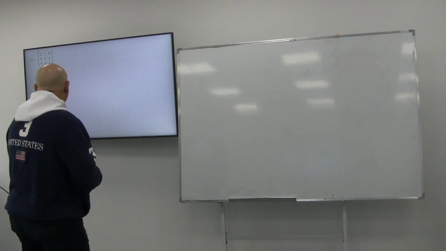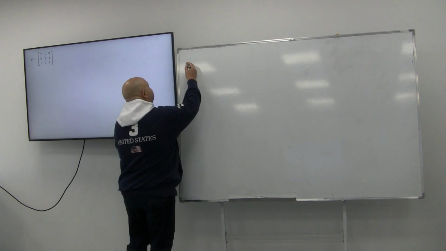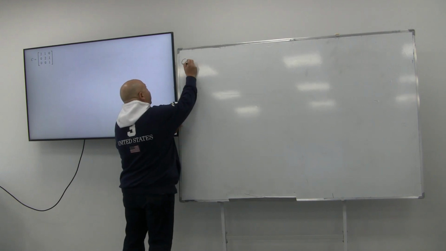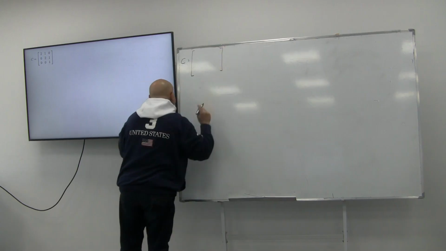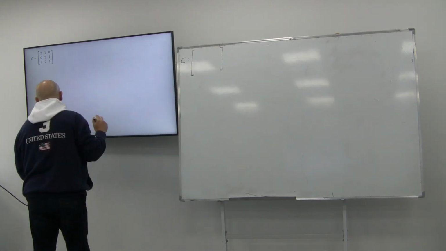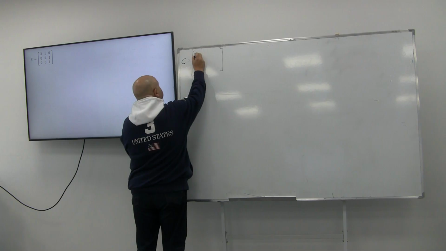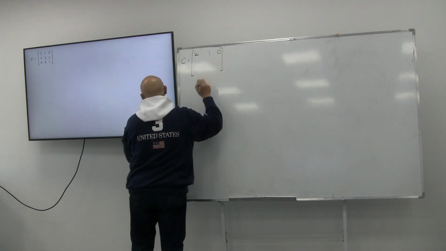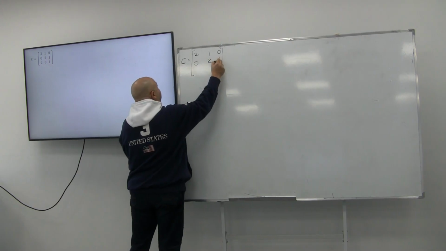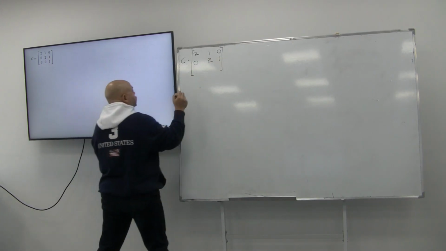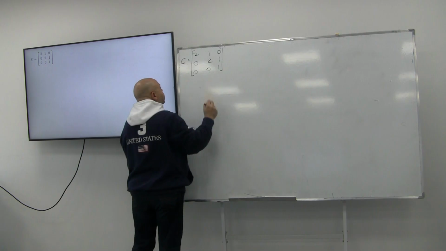For example, let's say that I have C here, and C is a 3 by 3 square matrix. The first row is 2, 1, and 0. The second row is 0, 2, and 1. The last row is a couple of zeros, then 1.